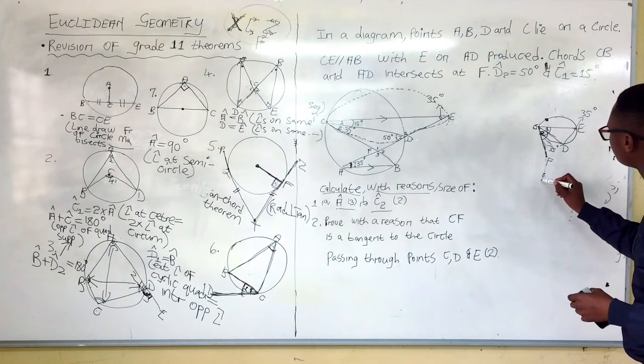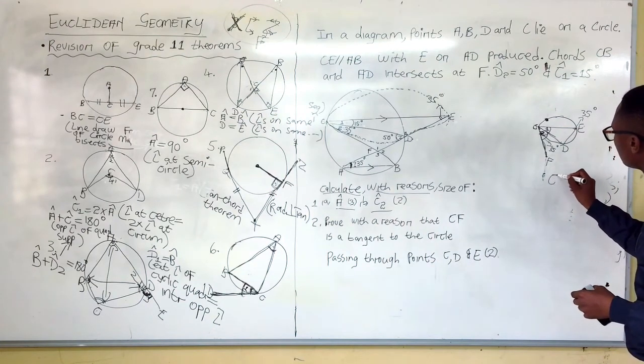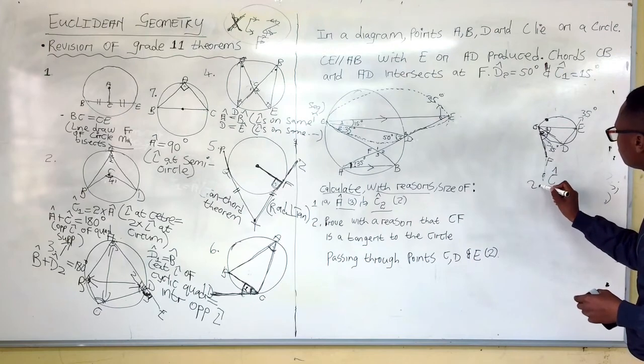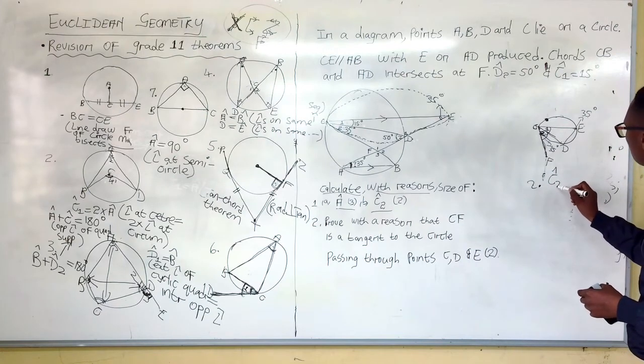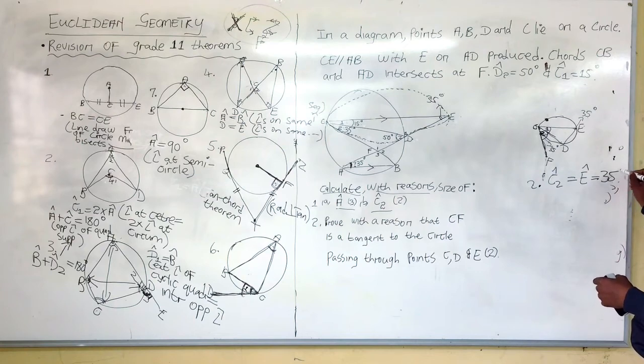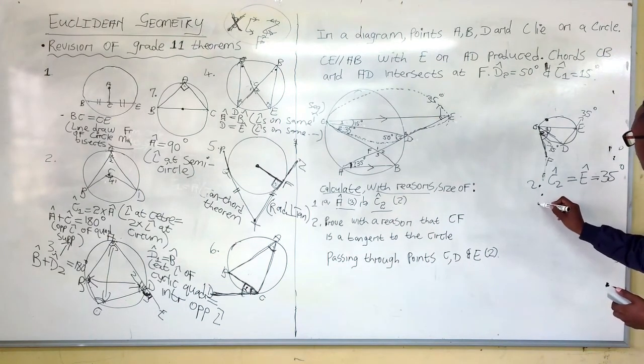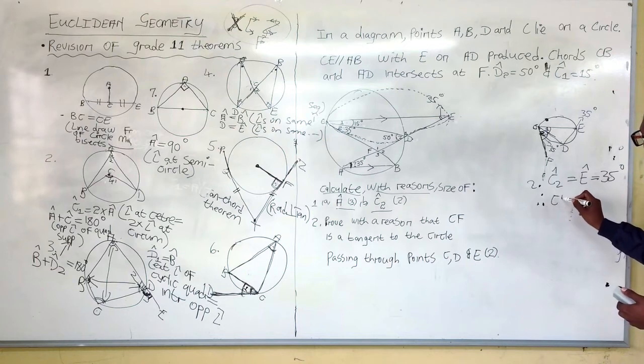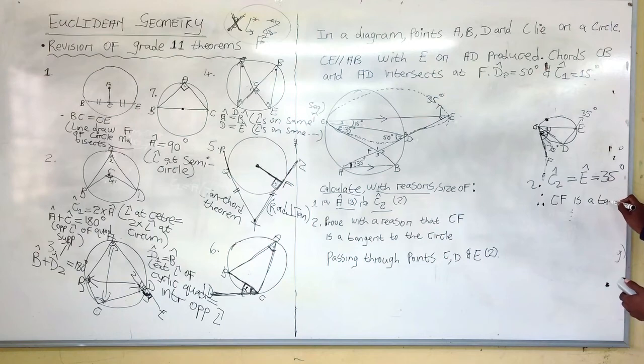We are going to say angle C2 is equal to angle E, all of them equal to 35 degrees. So therefore, since they are equal, CF is a tangent.